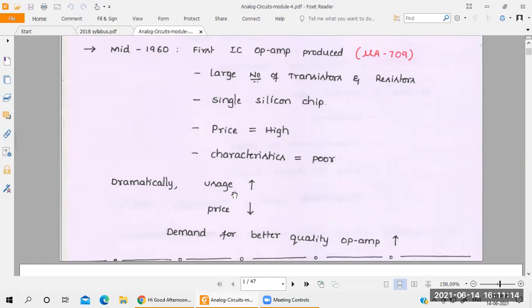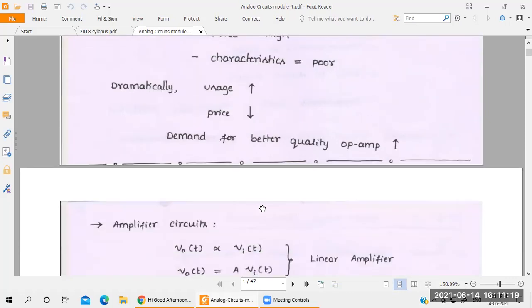Then usage also increases, and the demand for better quality op-amps also increases. Once you start using the op-amp, the quality of the op-amp has also increased. Quality, usage, and low cost are all achieved. So day by day they invented better qualities in ICs.